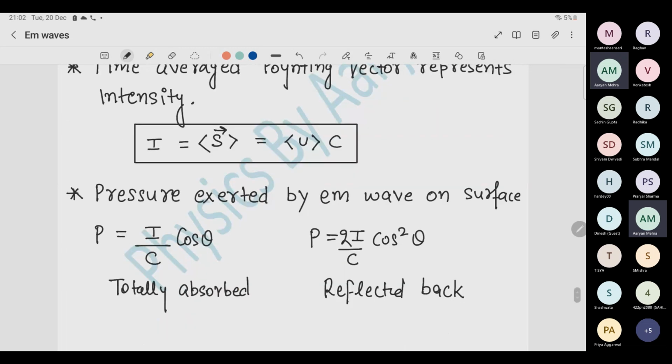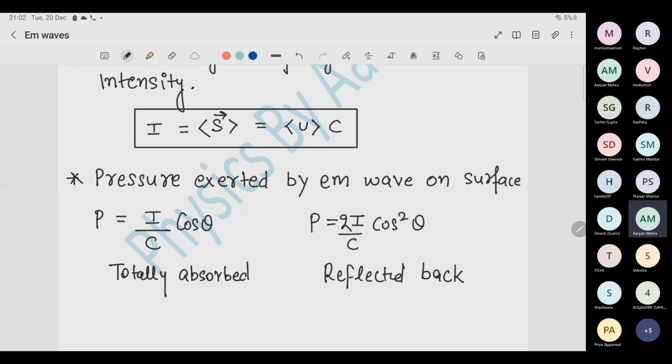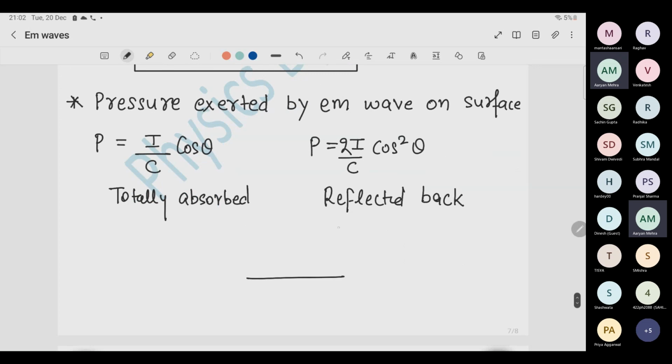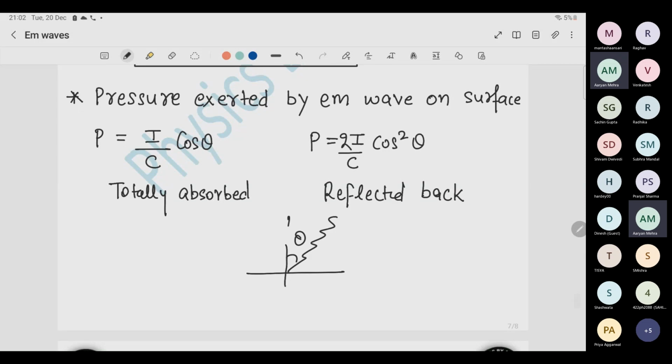The last formula I want to give you today, tomorrow again we will have an EM wave class: if there is an intensity and this EM wave hits a surface at some angle theta, what is the pressure exerted by this EM wave on this surface?